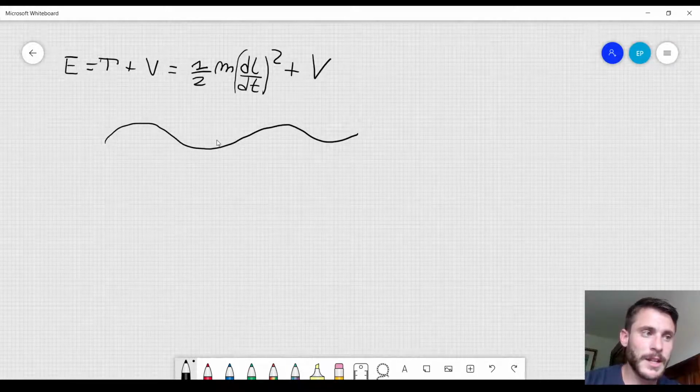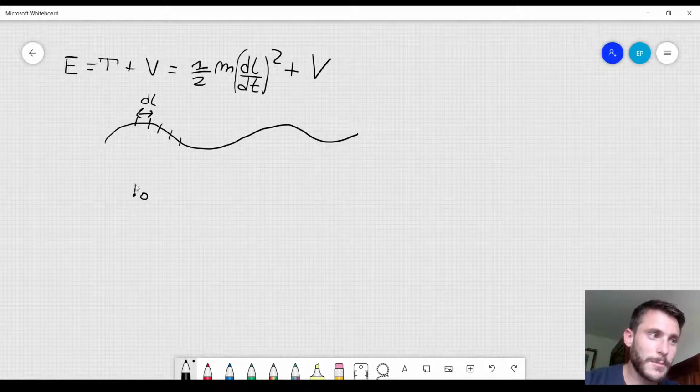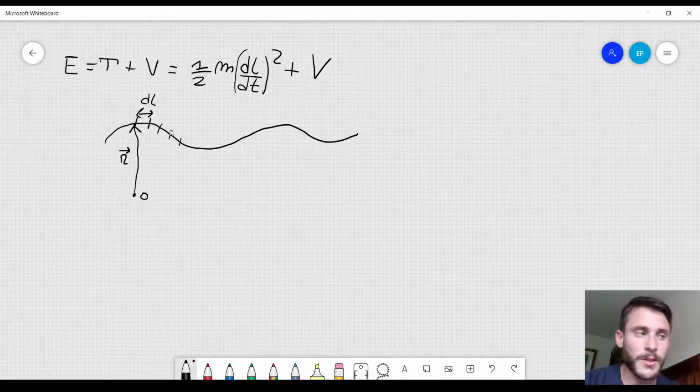where this curve represents the path of the particle. So if I just split it into several parts, these small elements here are just dl. And if I consider, for example, an origin here, this position vector, which I can call r, describes the position of each point on the trajectory, on the curve.